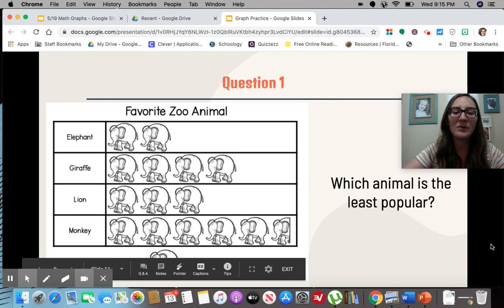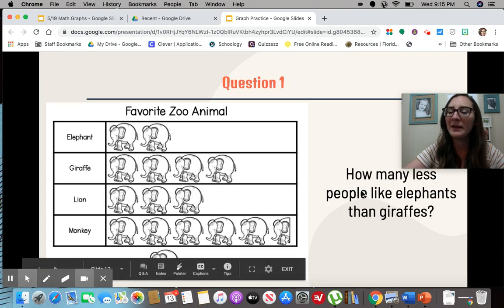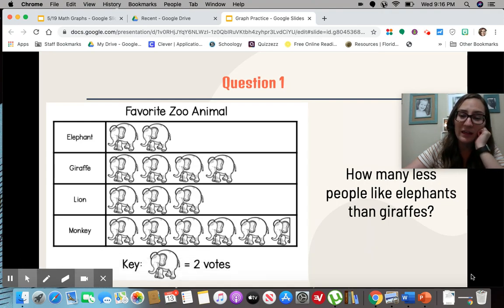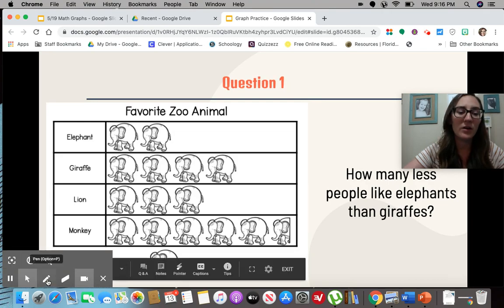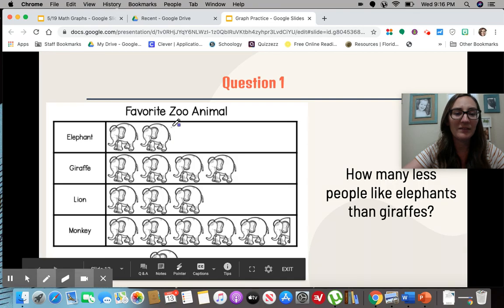That was a little bit harder because you had to think about what that half elephant meant. And which animal is the least popular? That's right, elephant. Only 4 people picked the elephant. And last question for today, how many less people like elephants than giraffes? So elephants right here than giraffes.